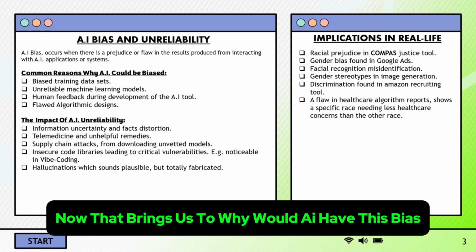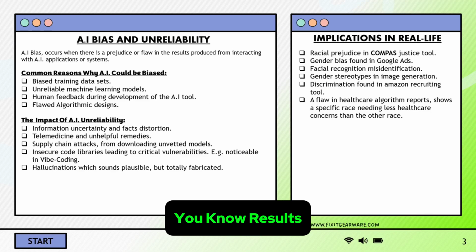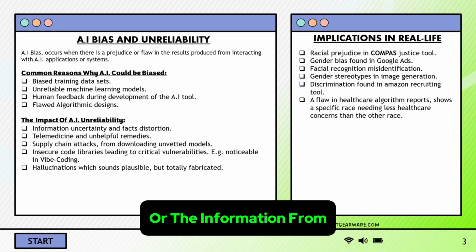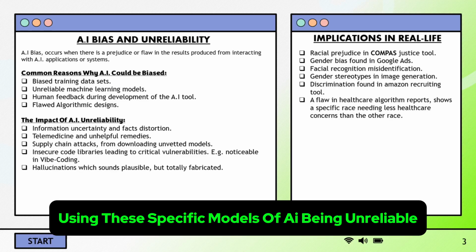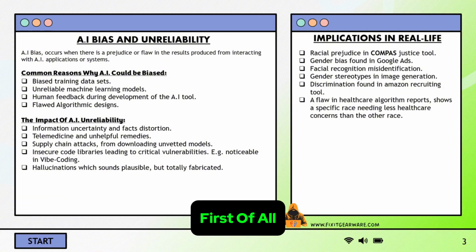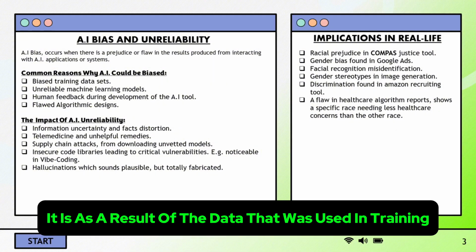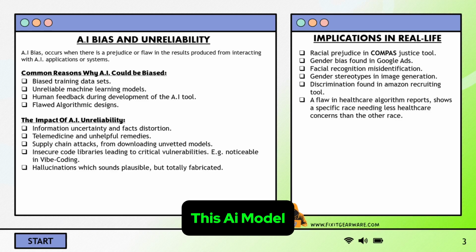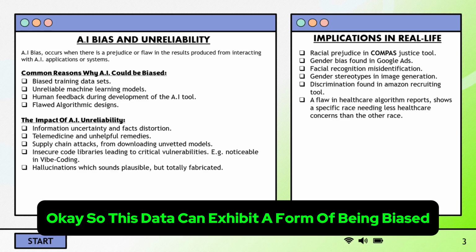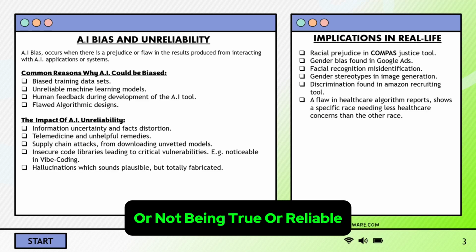Now that brings us to, why would AI have these biased results, or the information from using these specific models of AI be unreliable? First of all, it is as a result of the data that was used in training this AI model. This data can exhibit a form of being biased or not being true or reliable.